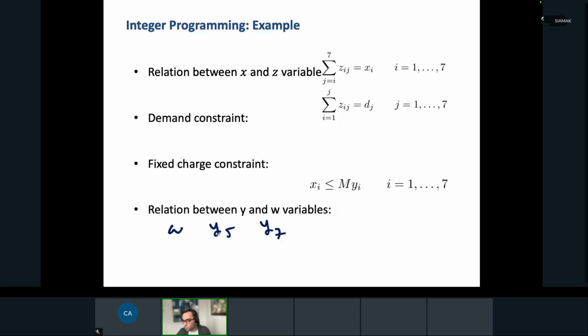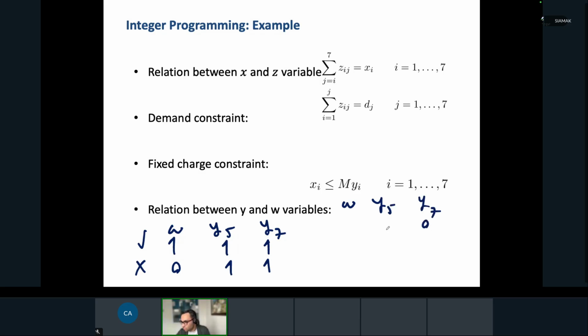Okay. So when this is 1 and this is 1, what should be the value of W? When y5 and y7 are equal to 1, then W should be equal to 1. This should be happening. This can't be 0. Okay? What else? I don't have enough space to write it here. So W, y5, and y7.